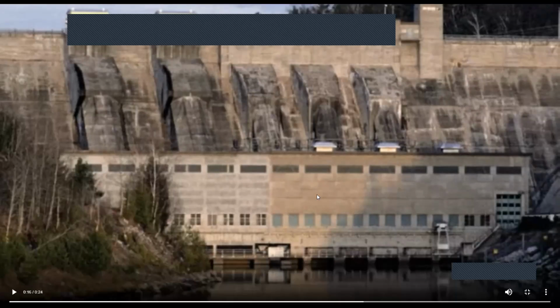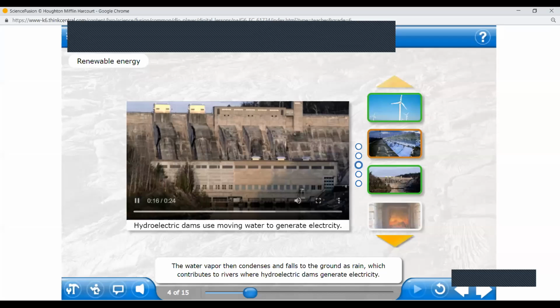Without sun, will this water come to the earth? Without sun, there is no evaporation. So how can it be? It will rain only because of sun. So that's why they say the sun is the main source here. And it falls to the ground as rain, which contributes to rivers, where hydroelectric dams generate electricity.